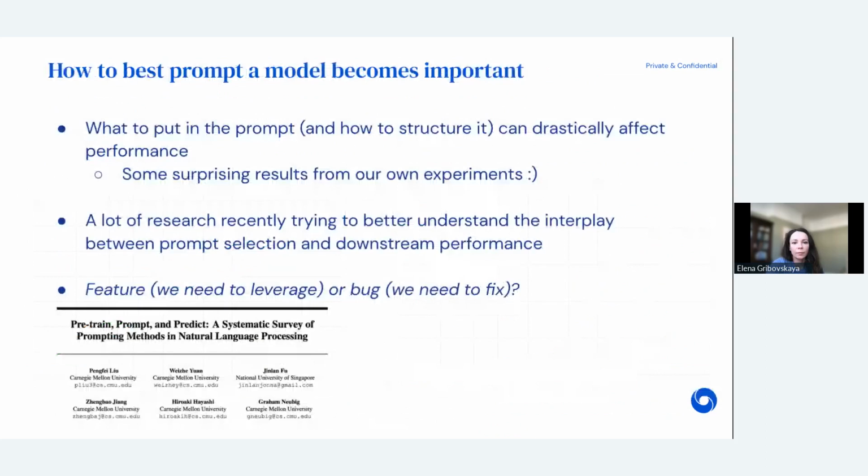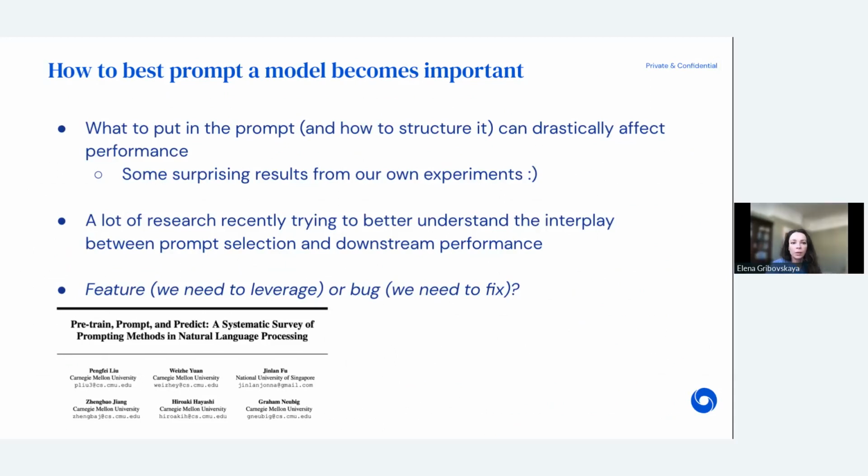Because we want to rely on these demonstrations provided through the prompt, the way we construct the prompt becomes important. Just again to remind, the prompt is a set of formatted examples that we pass into the model context. What to put in the prompt and how to structure it can drastically affect performance.